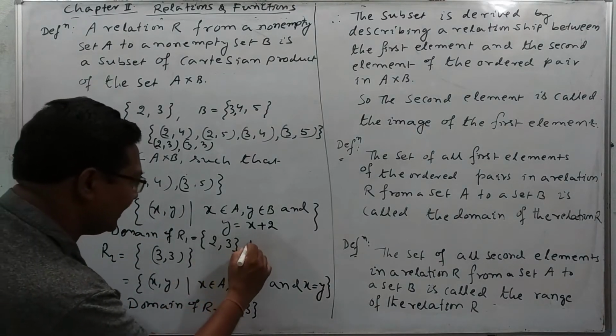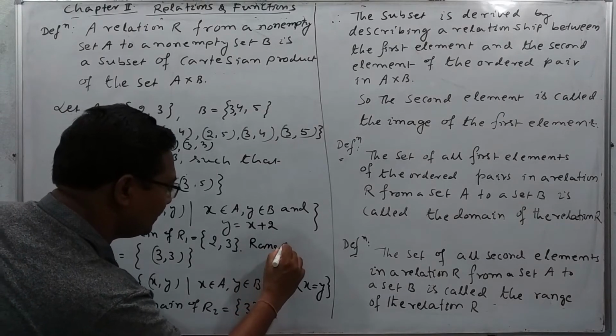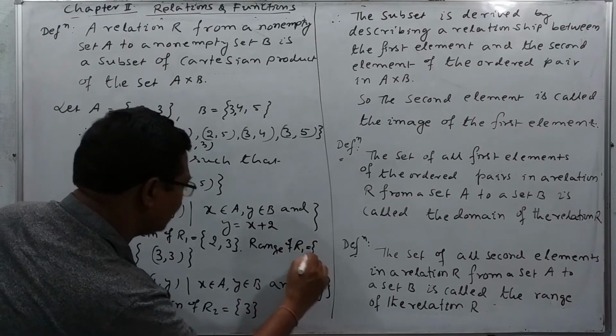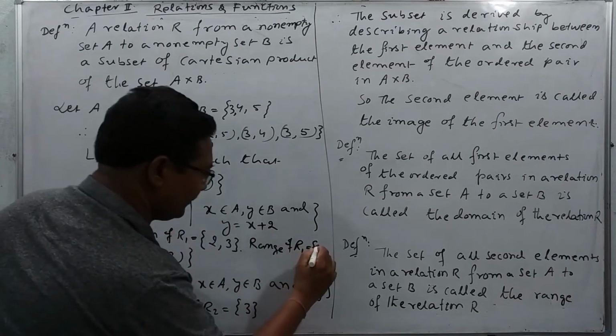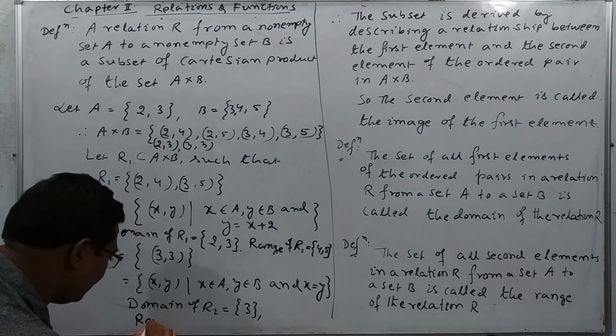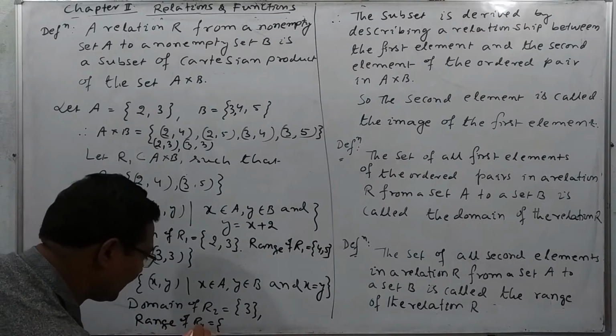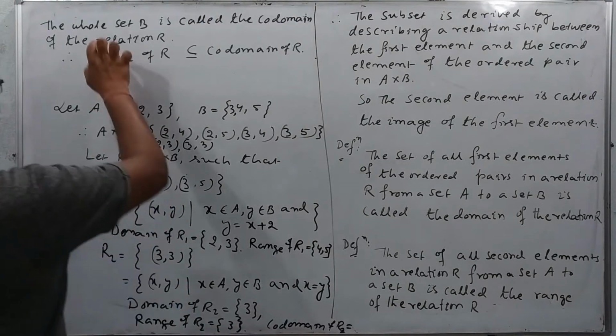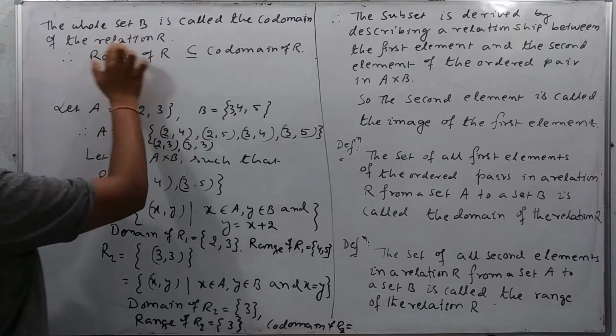So, here the range of R1 is {4, 5}. Here the range of R2 is only {3}. The whole set B is called the codomain of the relation R.